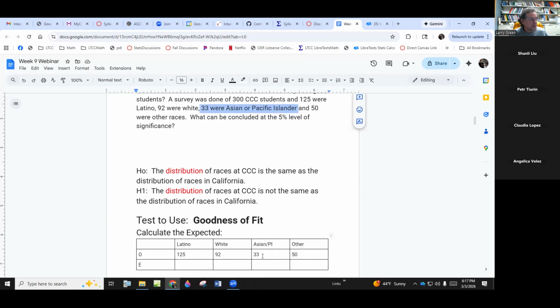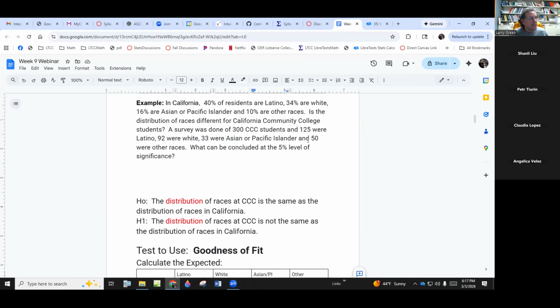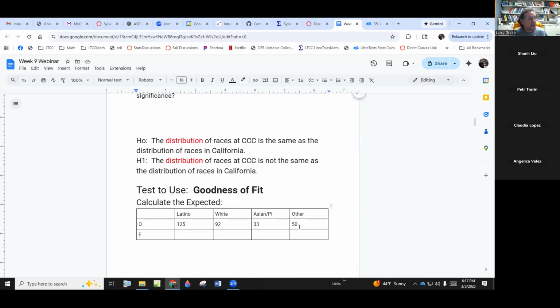So under the Asian Pacific Islanders, for the observed, I put 33. And the next were 50 other races. Those were observed. So 50 under the other observed. Any questions on that part of the table first? That's usually pretty easy. You just have to read it. You have to remember to do it.